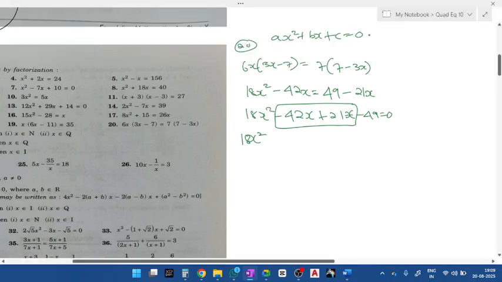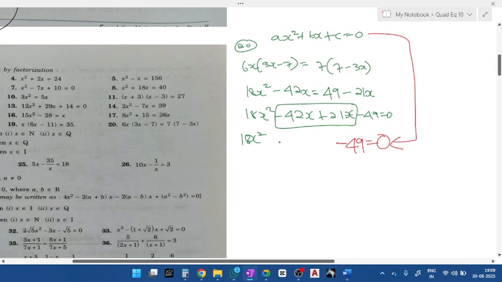See, until you get this equation, you have to keep solving, students. We need only 3. Minus 49 as it is. Yes, Naomi, is it plus 21 minus 21?